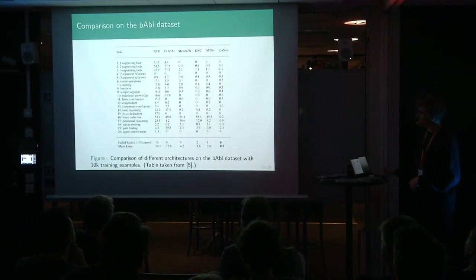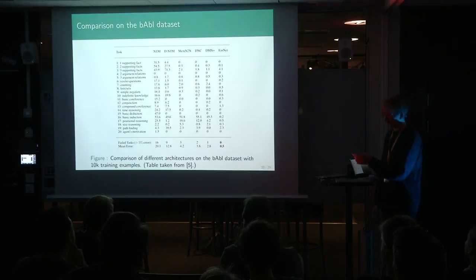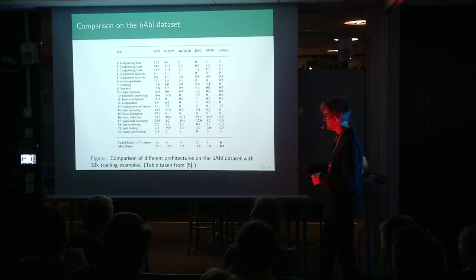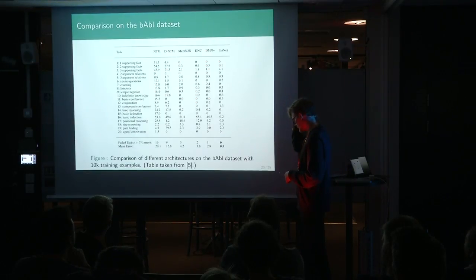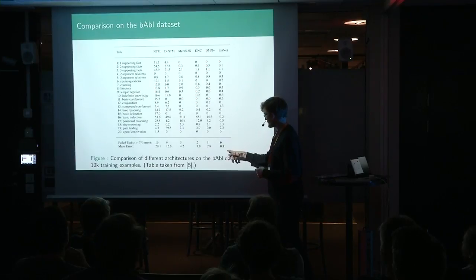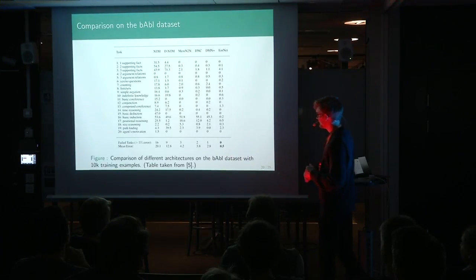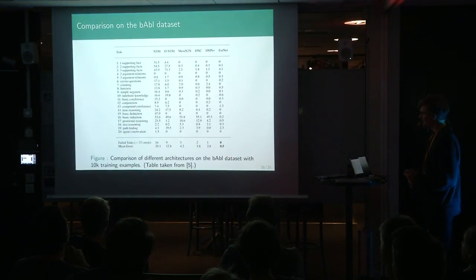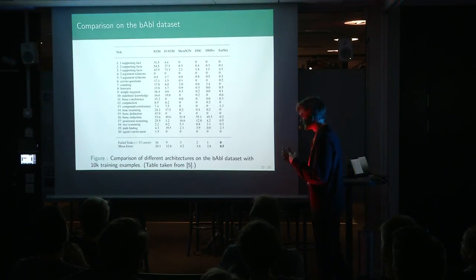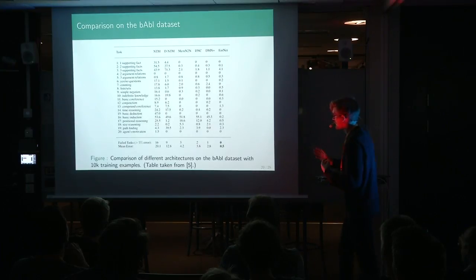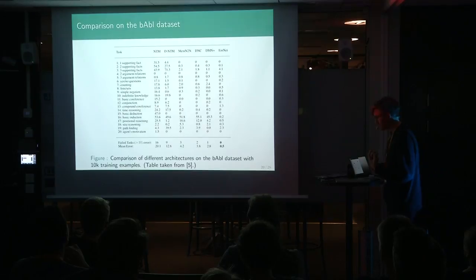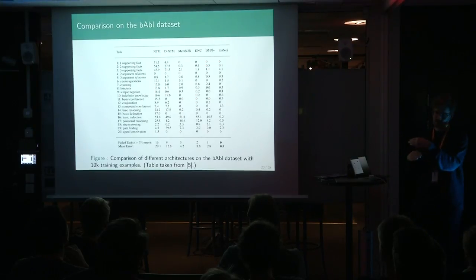Yeah, so just a comparison on this bAbI test that you mentioned. This is from the entity networks paper. You can of course see that entity networks are the best one. This data set is a natural language processing problem where you should reason from some text input that you're given.